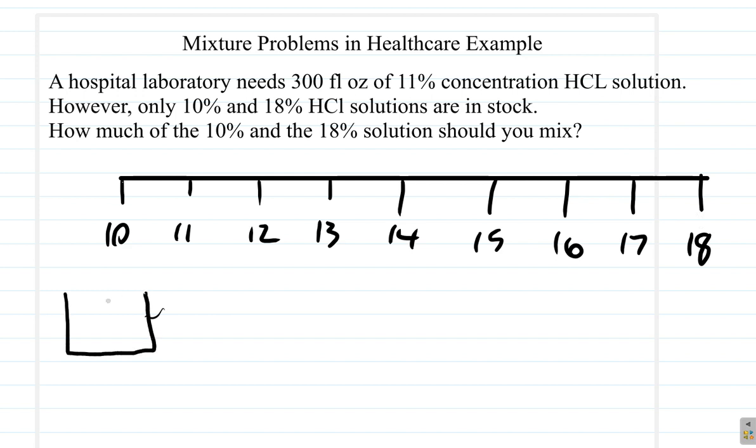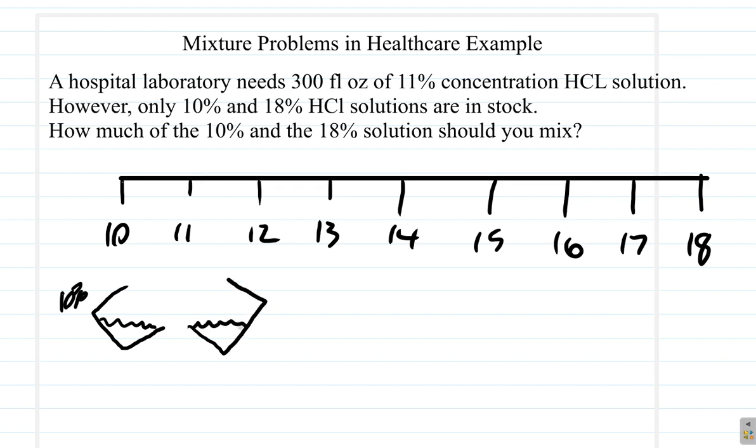So we have a container. Let me draw it like this. We have a container here with 10% hydrogen chloride solution. We have another container here with 18% hydrogen chloride solution. I'm going to mix both of them in a third container.